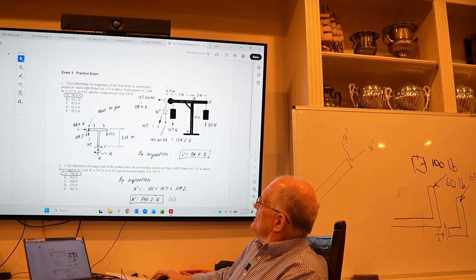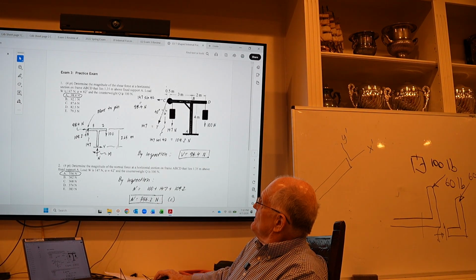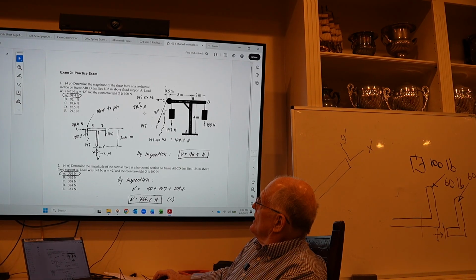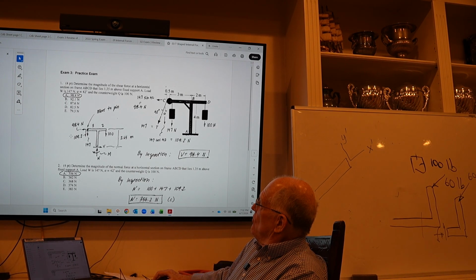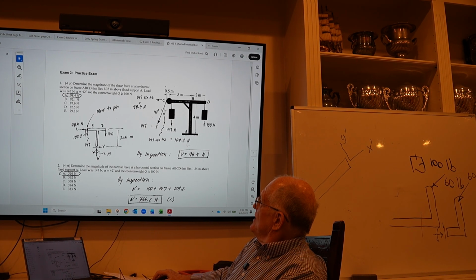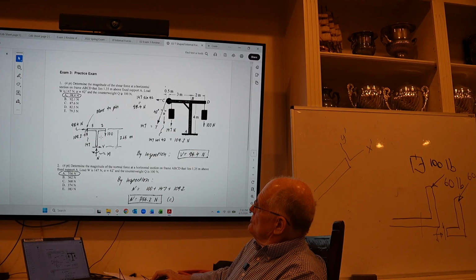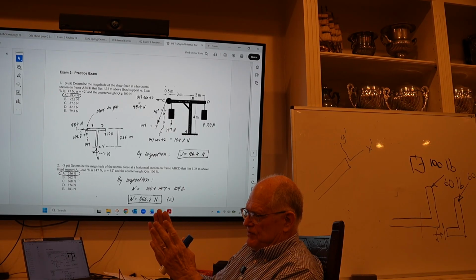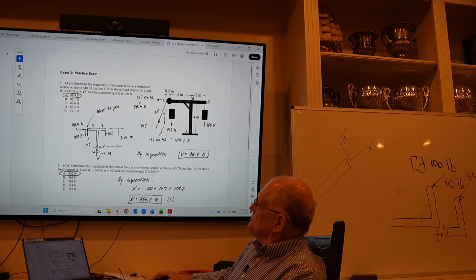So I can take this 147 sine 42, which is 98.4, which is this way. I can take 147 cosine 42, which is 109.2, which is here. These are the 2 components of this guy. And then you have the 147 that's also here. And you can put them both at the pin, which is what we did.